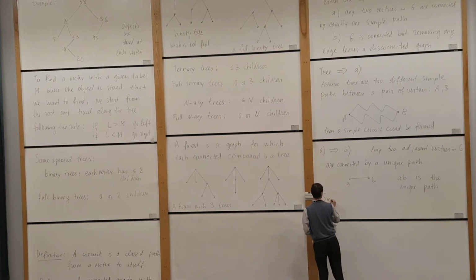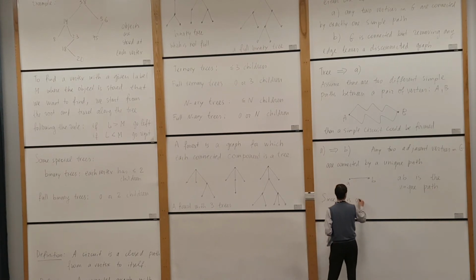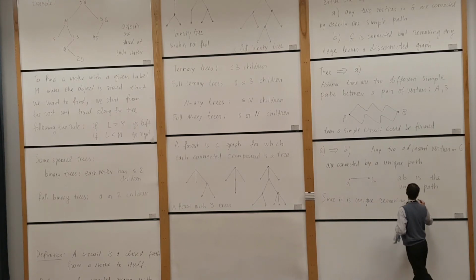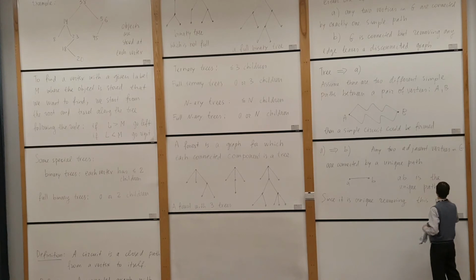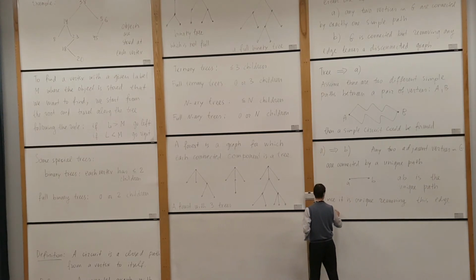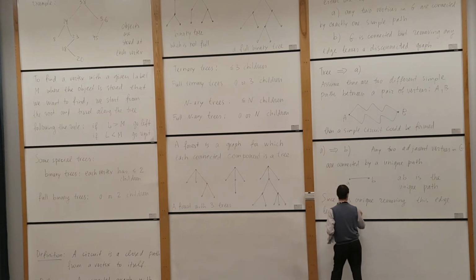Okay, so since it is unique, removing this edge leaves a disconnected graph.